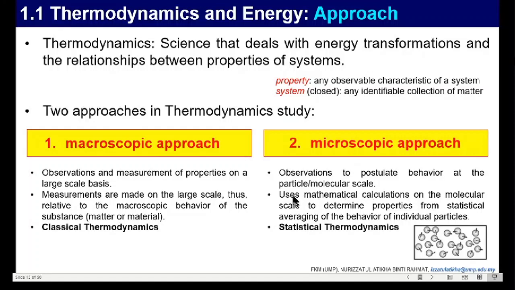It uses mathematical calculations on the molecular scale to determine properties from statistical averaging of the behavior of individual particles. It is also known as statistical thermodynamics. Guys, please remember we have two approaches in thermodynamics. One is macroscopic, known as classical thermodynamics, and another is microscopic, known as statistical thermodynamics.